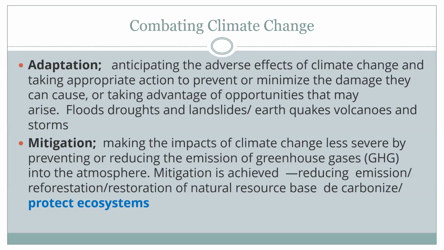Adaptation and mitigation: you need to know the difference between these two terms. As I said, adaptation is to minimize the damage due to climate change. Mitigation is to minimize climate change impacts by expansion of the natural resource base.